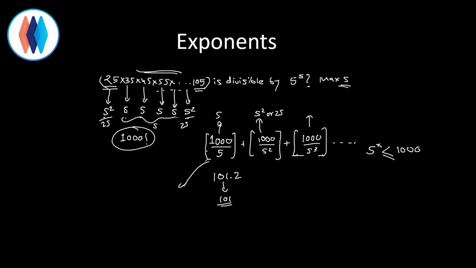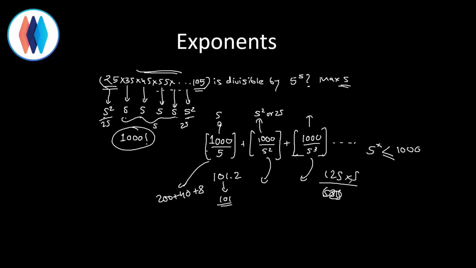So in this particular case, you will get 200, plus from here it's 25, so you'll get 40. Here it's 125, so you should get close to 8. And the one after that might just exceed 125 times 5, which is 625, right?